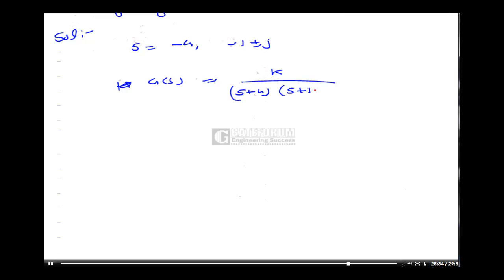In this case I can write, poles are located at minus 4 and minus 1 plus minus j. So G(s) can be written as K times (s plus 4)(s plus 1 minus j)(s plus 1 plus j). This can be written as K upon (s plus 4)(s square plus 2s plus 2).